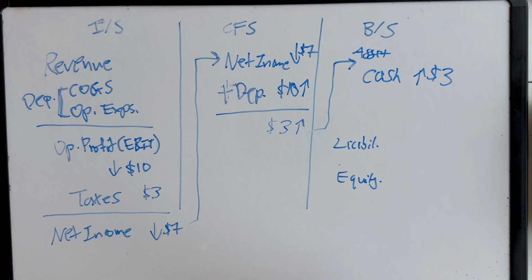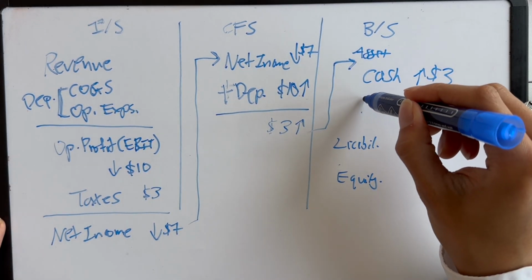Now, what else is happening? Remember that depreciation is a cost against an existing asset. So let's say that this depreciation is affecting some kind of factory or some other kind of property, plant, and equipment that the business owns. So the value of that asset is now $10 lower because of the depreciation expense.